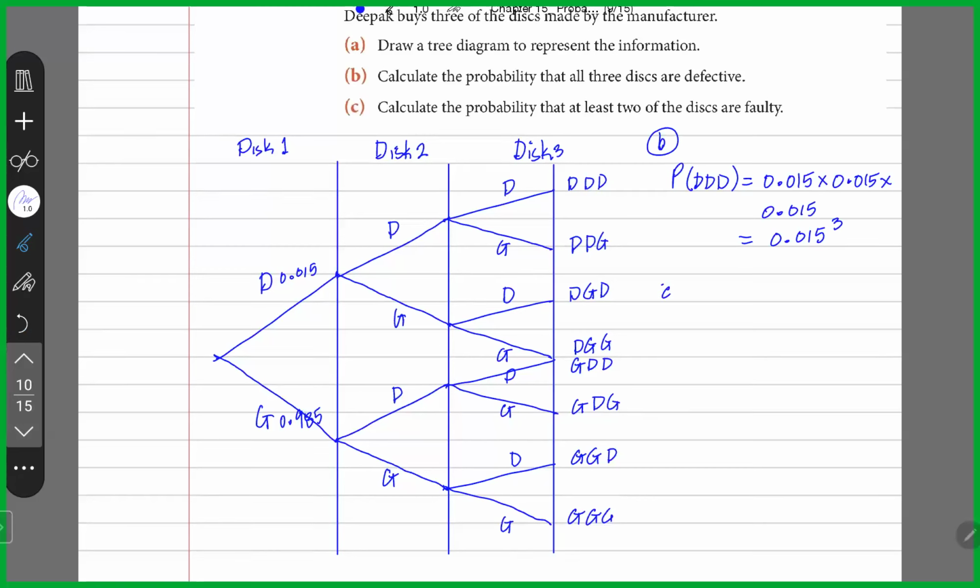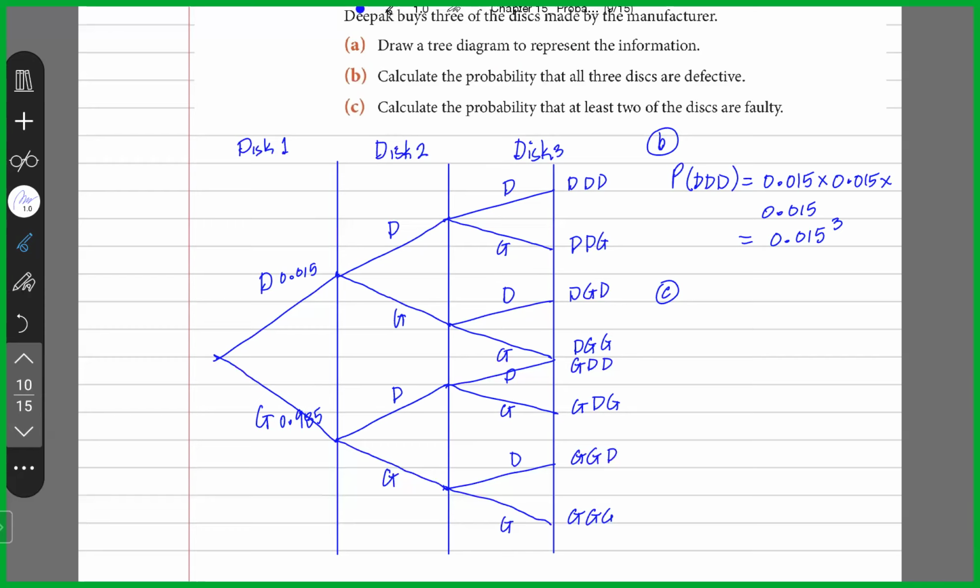Now for C, we're asked to calculate the probability that at least 2 of the discs are defective. When someone says at least 2, at least is an inequality term, which means what? Greater than or equal to. So if I say at least 2 are defective, essentially what I'm saying is I want the probability that 2 would be defective or all 3 would be defective.